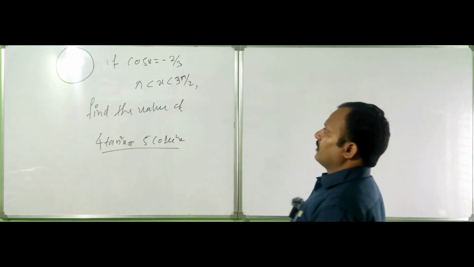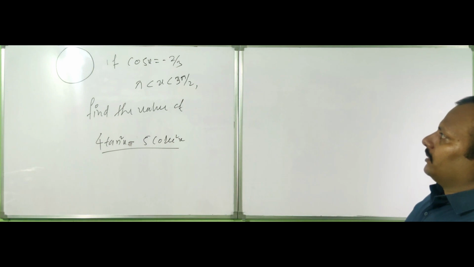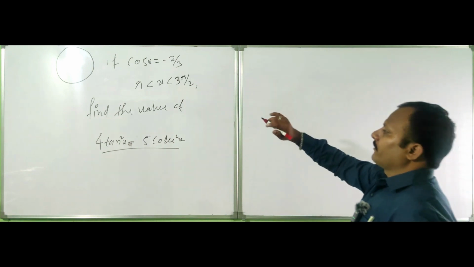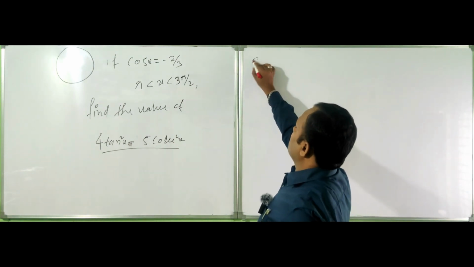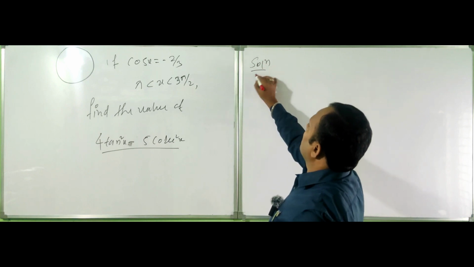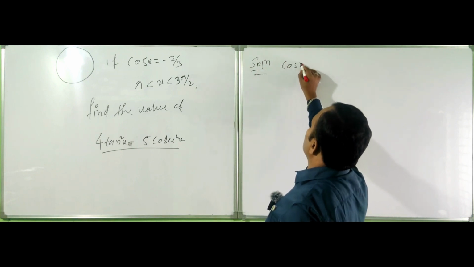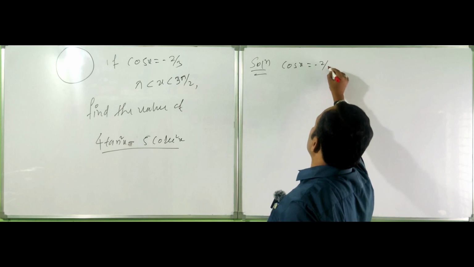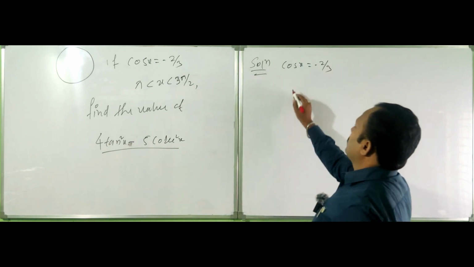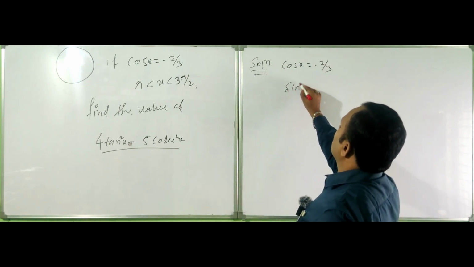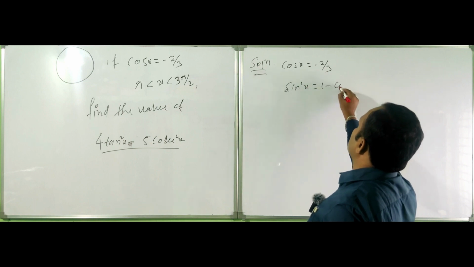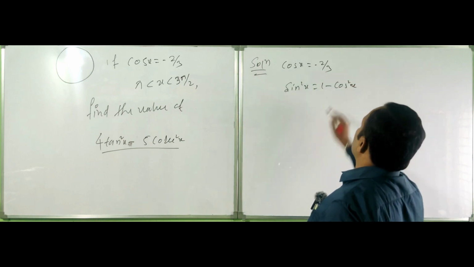Okay, next you can also learn here. Cos x is equal to minus 2 by 3. So what is sin x? Sin square x is equal to 1 minus cos square x.